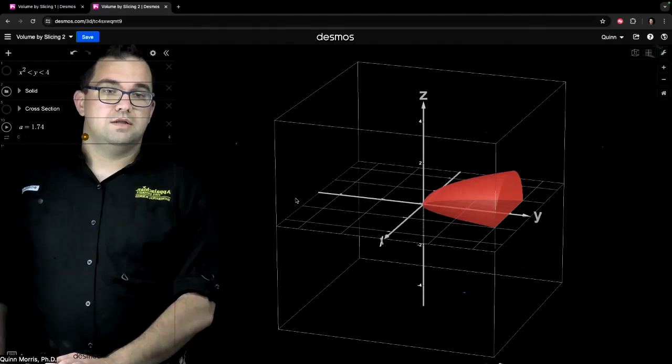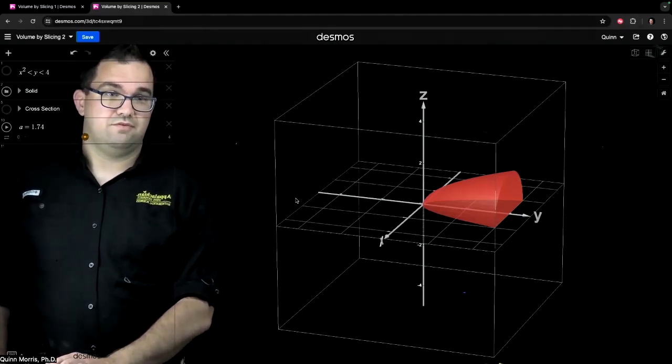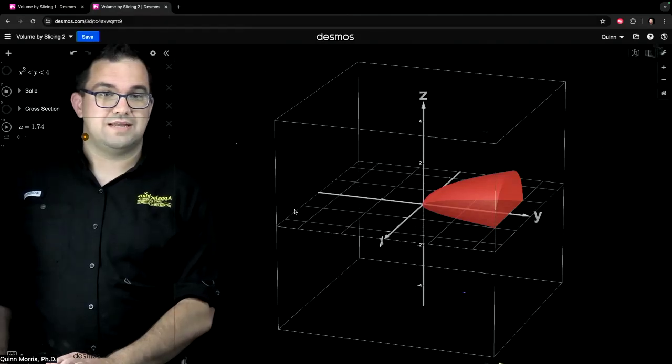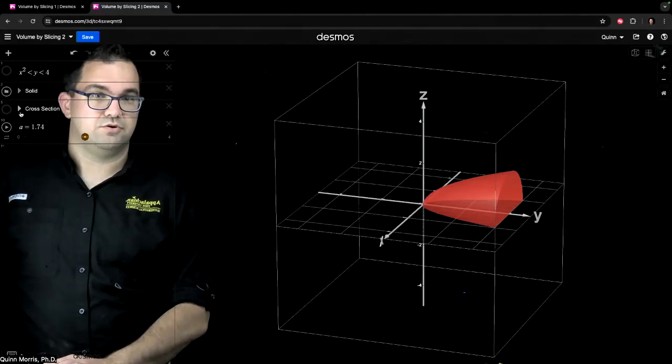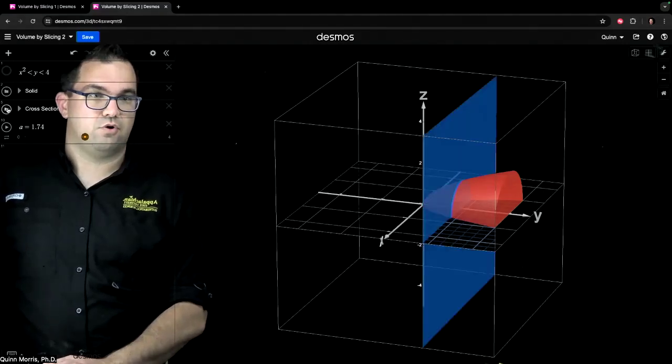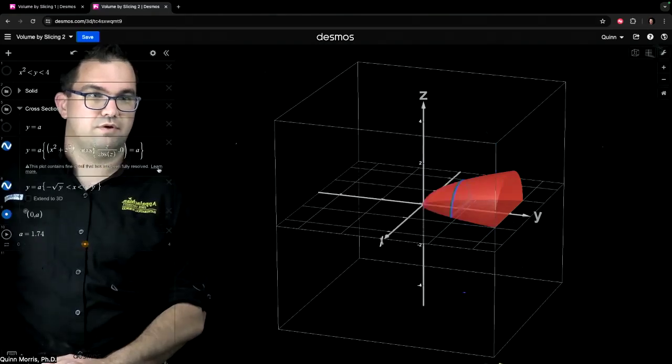All right. Now, what I'd really like to do is find the volume of this. So to do this, I need to find the cross-sectional areas. And then once I have those, I'll integrate those over the relevant range of values. So let's start by thinking about the cross-sectional areas here. Let me turn off a bit of this.